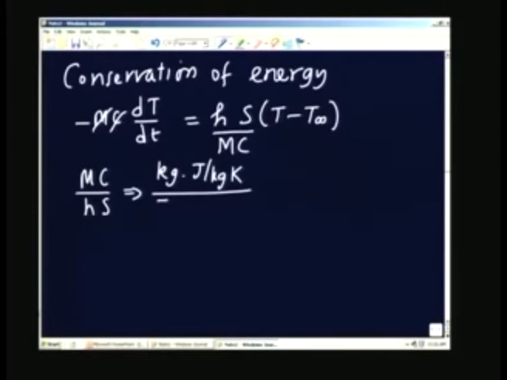So, watts is nothing but joules per second, into 1 over meter squared Kelvin, and this is meter squared. So, you see that this meter squared will cancel off with this, Kelvin will cancel off with this, kg will cancel off with this kg, joules will too, so the unit is second.